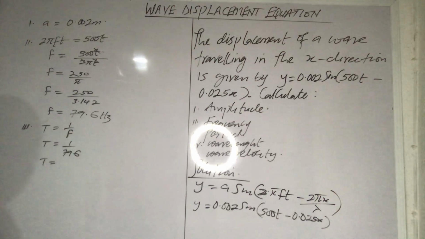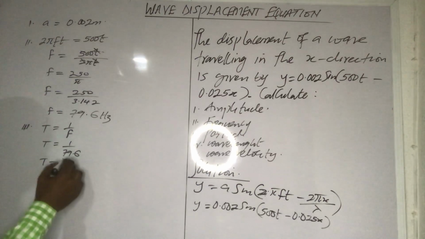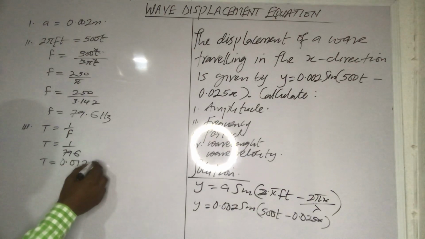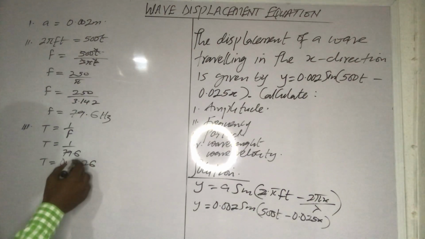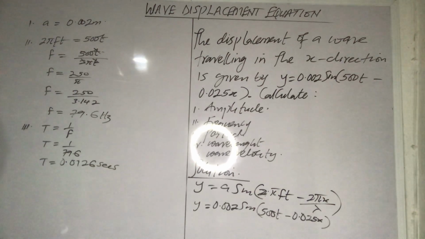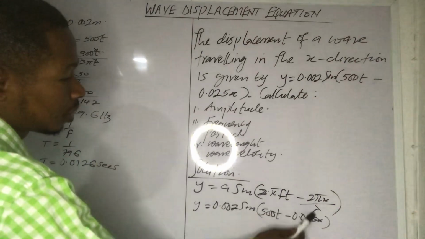So my period will be 1 divided by 79.6, that will give me 0.0126 seconds.